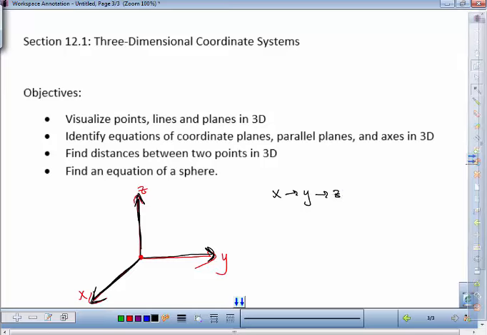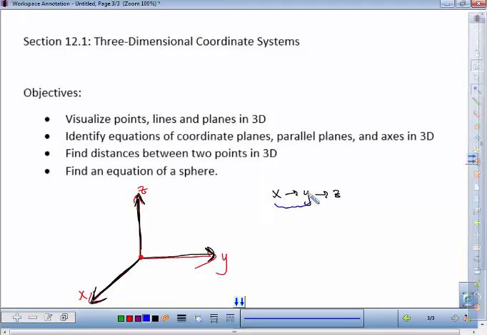If you wrap the fingers of your right hand around the x and y axes, then the direction your thumb points is the direction your z is going to go. If you do that with your left hand, it's not going to work. So this is the right-hand rule. Can you guys imagine that?